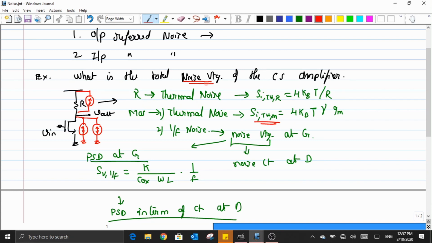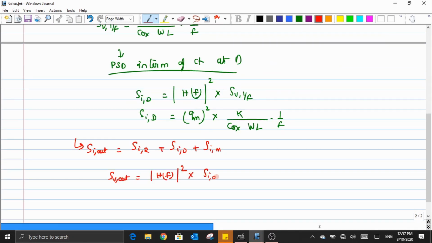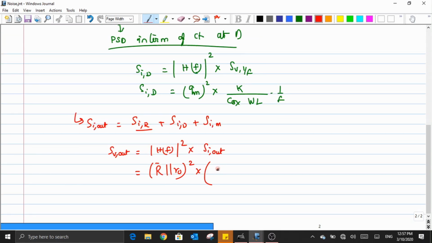So if that is my transfer function, for the first term we have 4kBT divided by R, for the second term the flicker noise is given by the top expression, and for the third term it is 4kBT gamma times Gm. Is that clear?